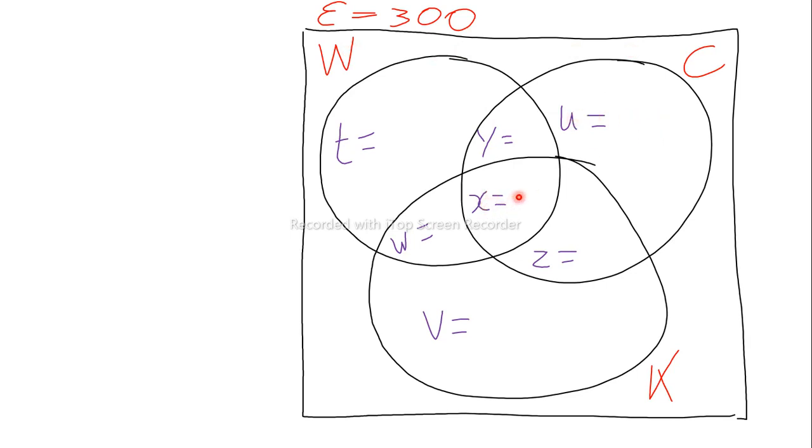X represents the intersection between all of them. W is going to represent the intersection between W and K. Z is going to be the intersection between C and K. And V is going to be K only. All right? You understand that?